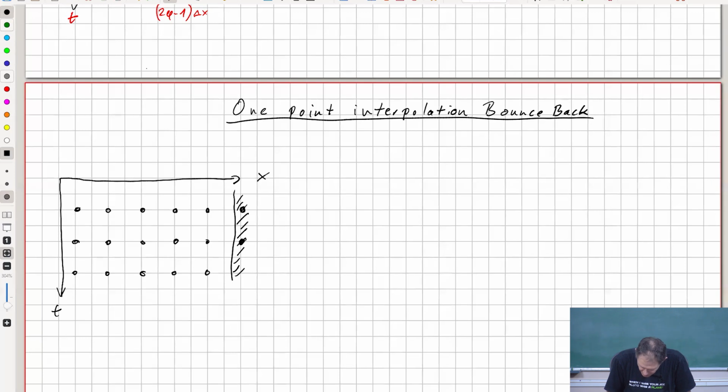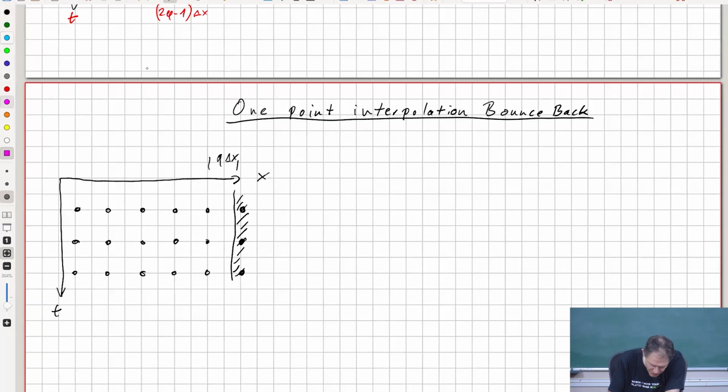Here would still be the nodes. And we do not distinguish now between q larger than 1/2 or q smaller than 1/2. We just say this distance here is q delta x.